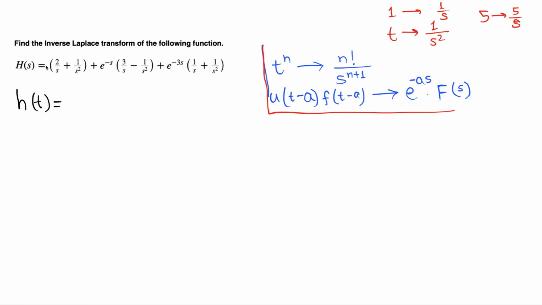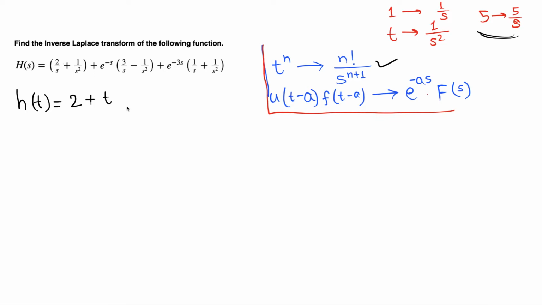This is easy, there is nothing to distribute. Laplace of 2 is 2 over s, plus 1 over s squared, that's t. Laplace of t is 1 over s squared, just from this rule.